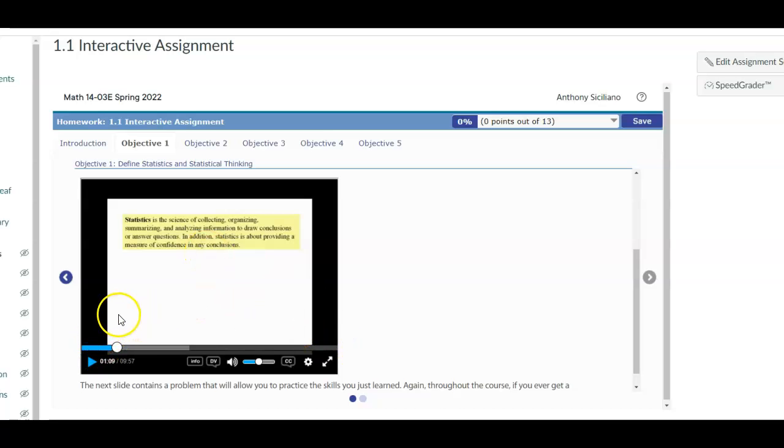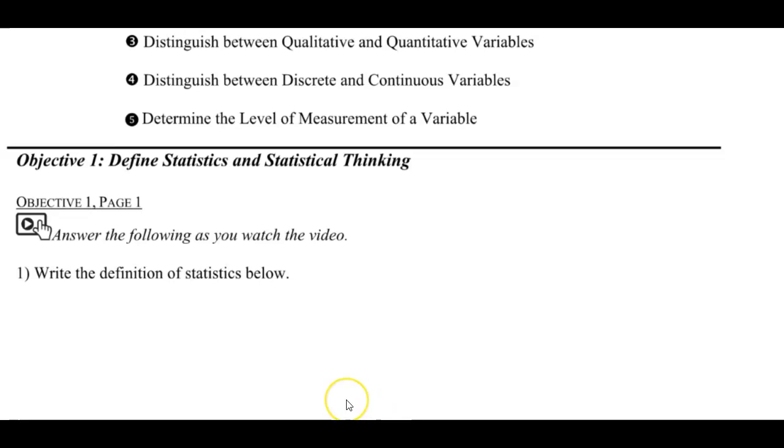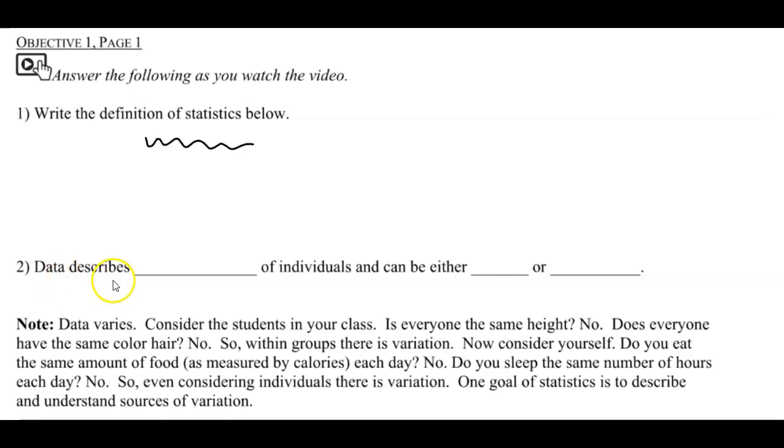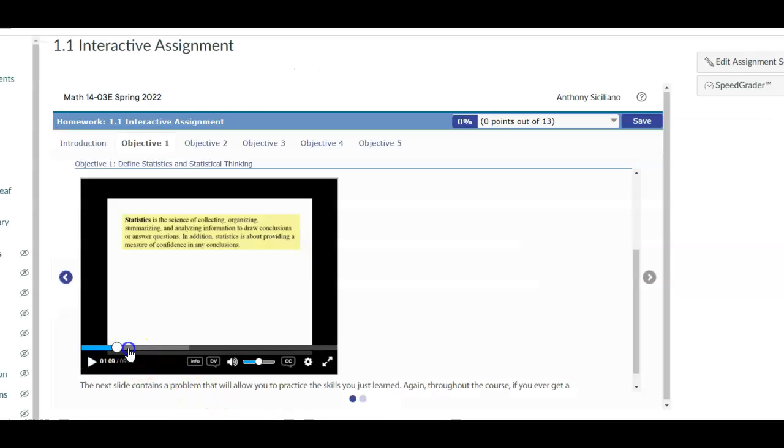As you're listening, you come back over here and write the definition of statistics in the block where it says part number 1. Below that it says data describes blank of individuals and can be either blank or blank. You'll get that information from watching the video. If I scroll a little more, it says the information referred to in the definition above is data.